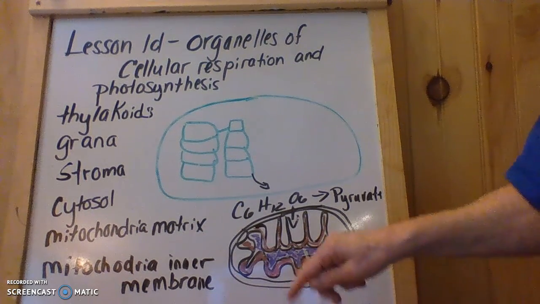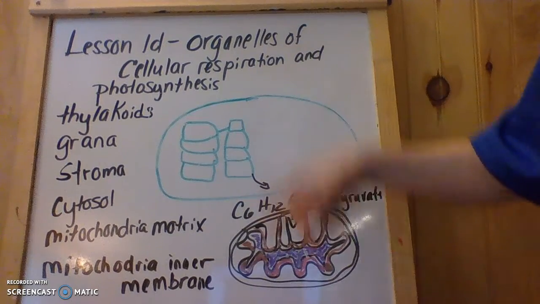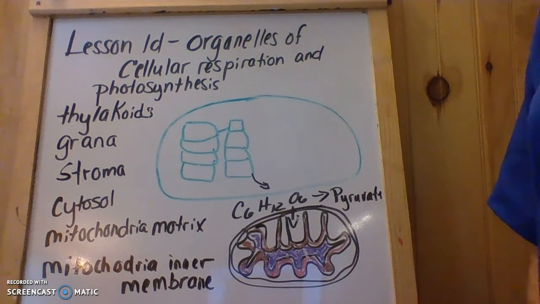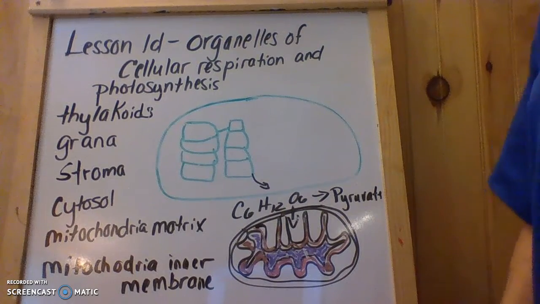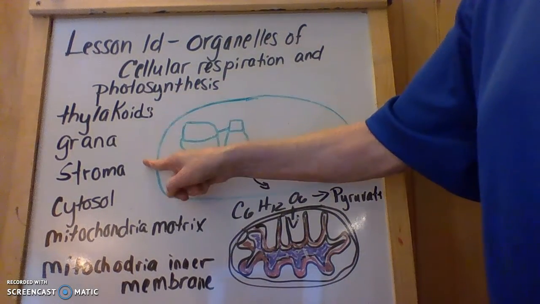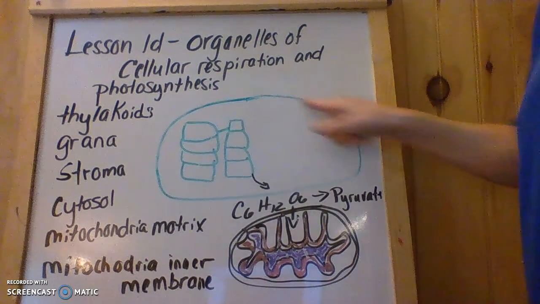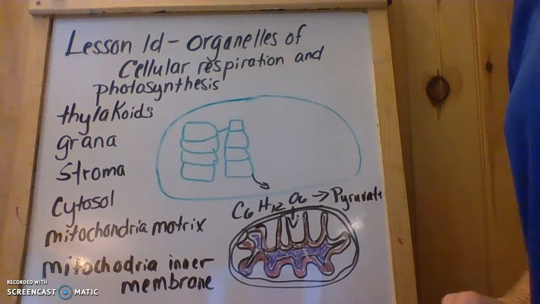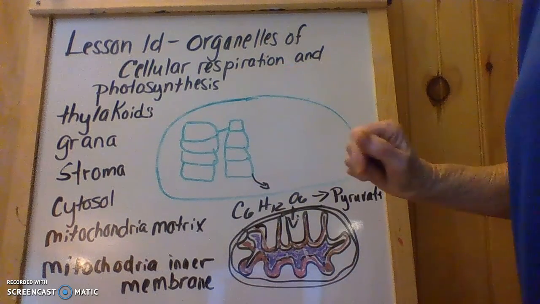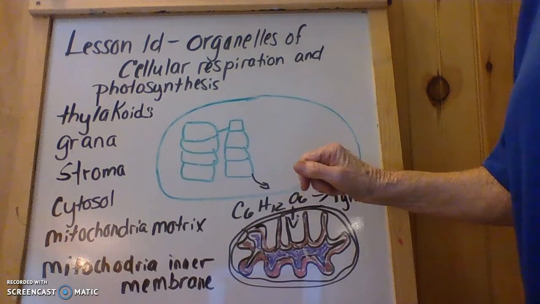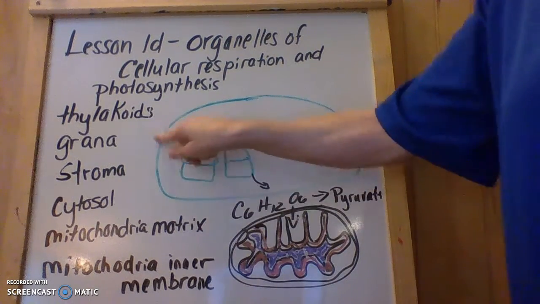So as a quick review again of these 6 organelles that are specific for making energy for cellular respiration and photosynthesis. The first 3 are for photosynthesis, here is 1 chloroplast. It would be located in the leaf. We would have water coming in from the roots, and we would have CO2, carbon dioxide, coming in.